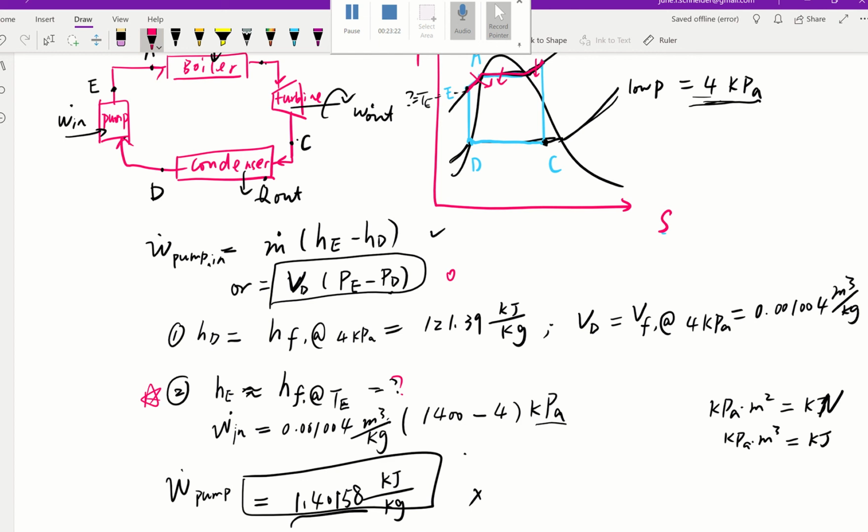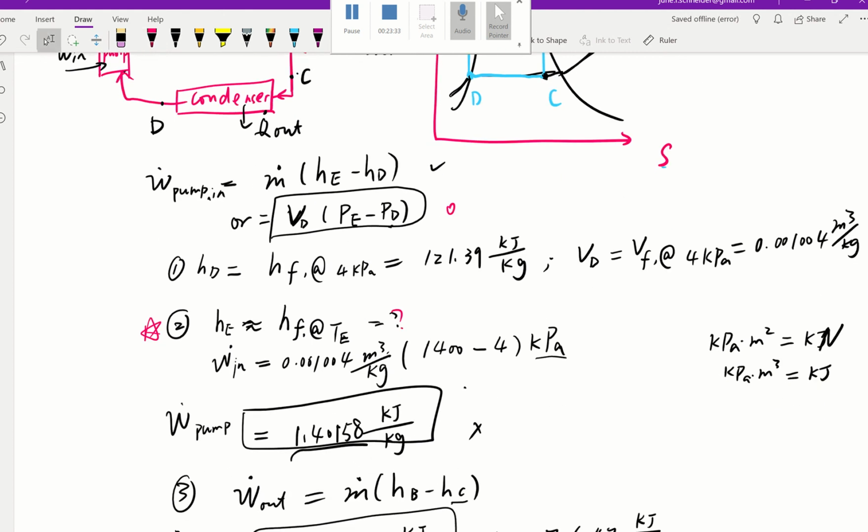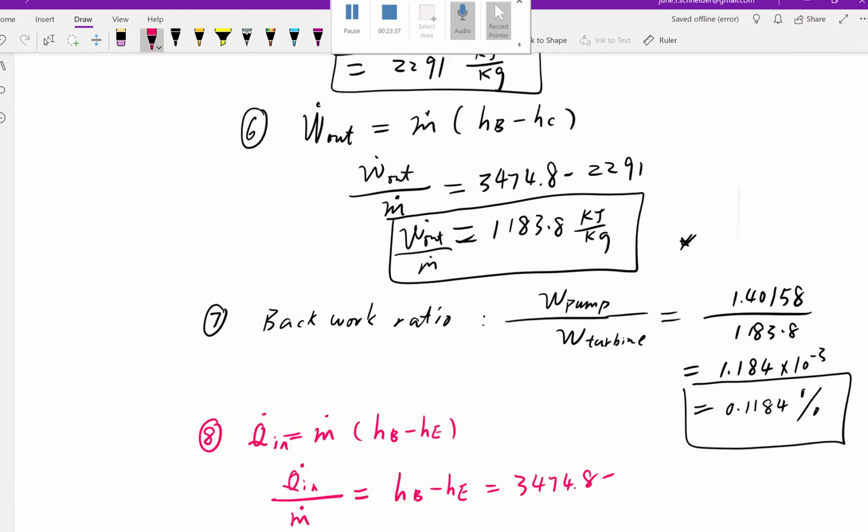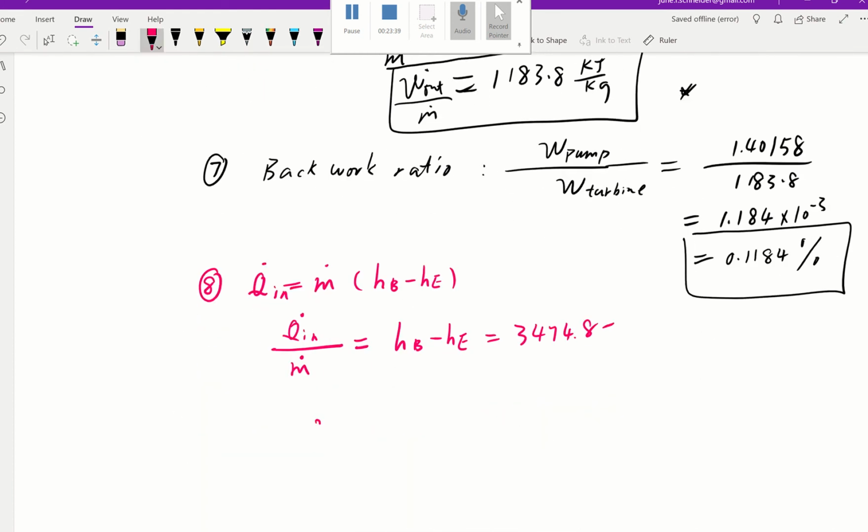This is actually a go-around way, and I think it's creative. How do we do that? Because now you know the pump work, 1.40158, I'm going to write it down. The pump work is now known.